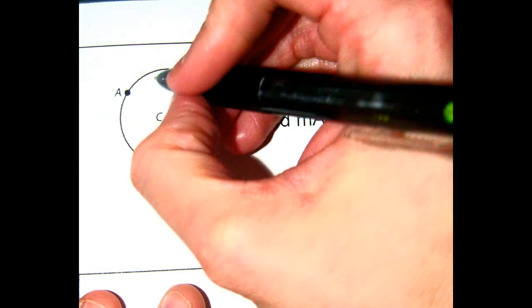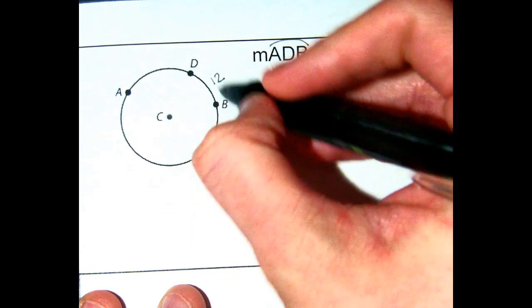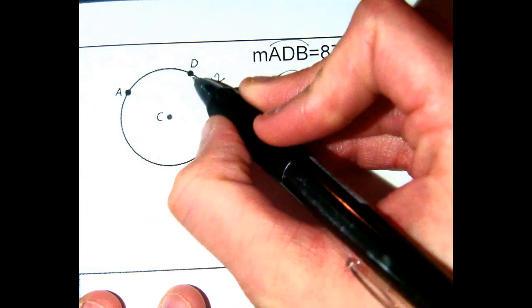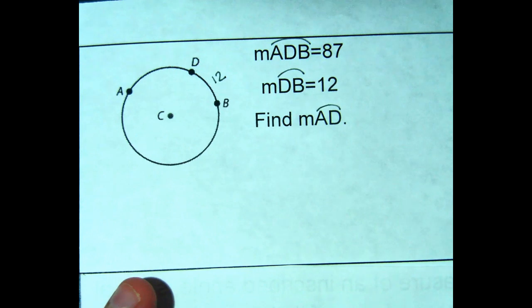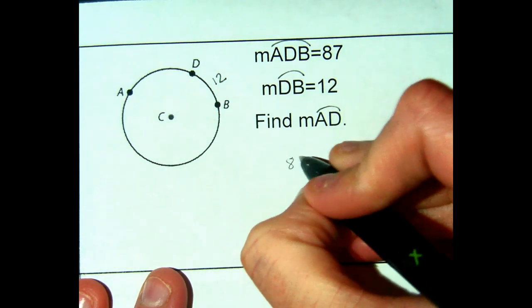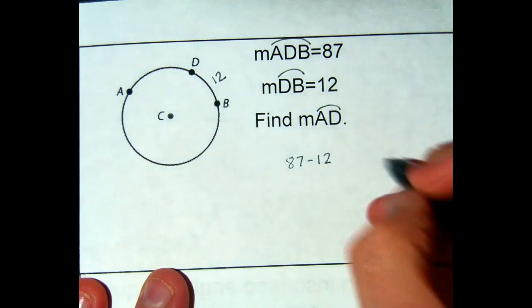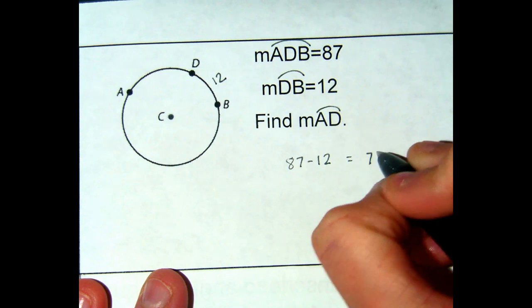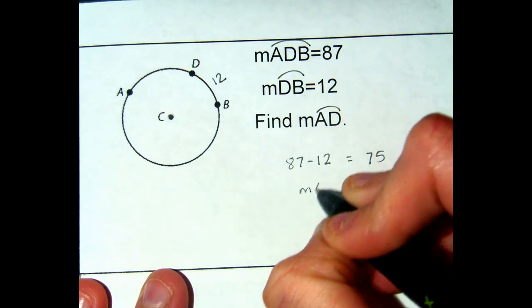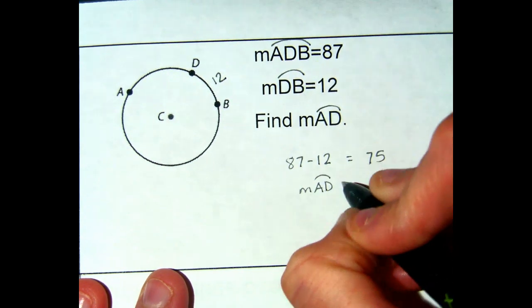And we need to find this piece. So the whole thing is 87. We don't know AD, but we know that DB is 12. So how are we going to find AD? 87 minus 12 is AD. 75. Okay, so the measure of AD is 75.